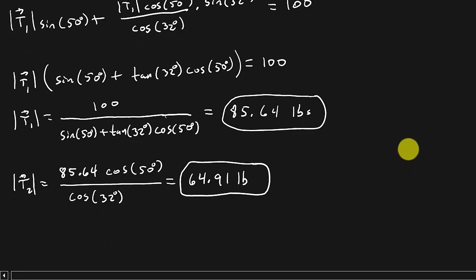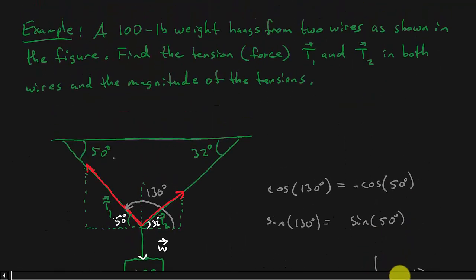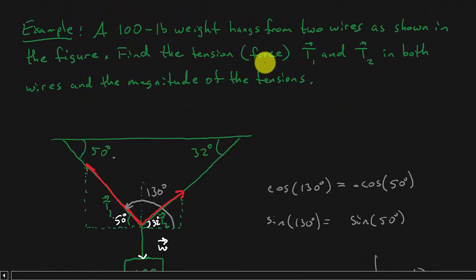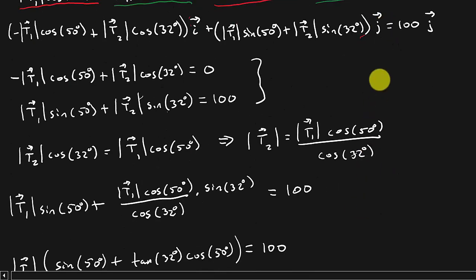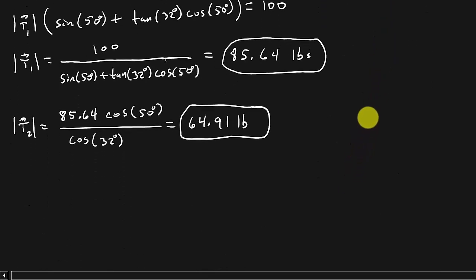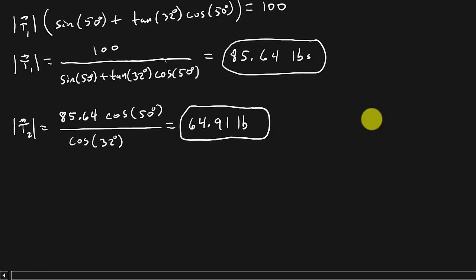Now, what else did they want? It says find the tension or force in both wires and the magnitude of the tensions. All right. So the tension, well, what is that going to be?